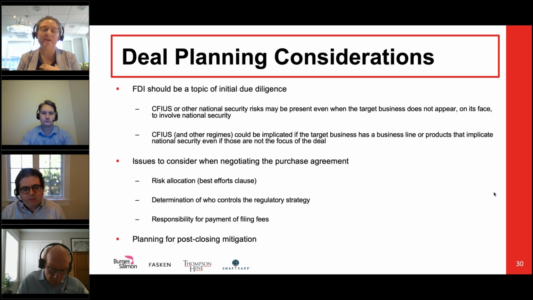But we want to identify critical technologies early on, sensitive personal data, government contracts, and real estate issues. This is because if there is a concern, as we'll talk about with timing, you want to be prepared for that as you're planning the deal. You want to be able to get your mandatory notification in on time.